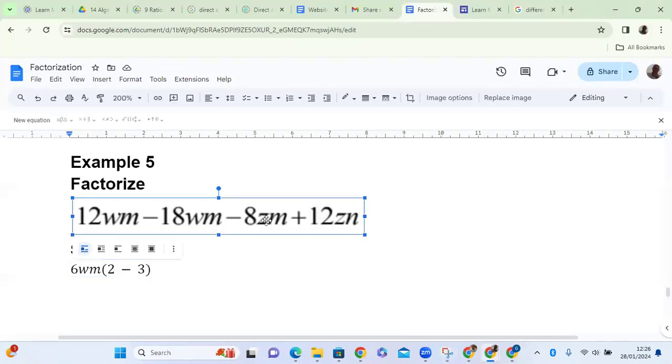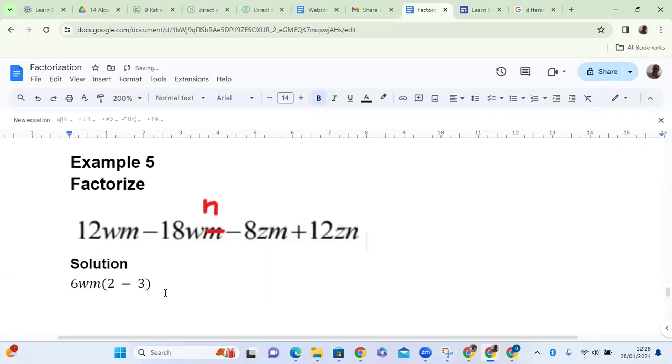So I'm going to cross out this M and put N. Then here we will have 2 minus 3N, because we must get the same 2 minus 3N when we factorize again. So that must have been a typo. CXC sometimes have typos, you know. If you know what you're doing, you can also detect the typo, but that's a typo on my part.